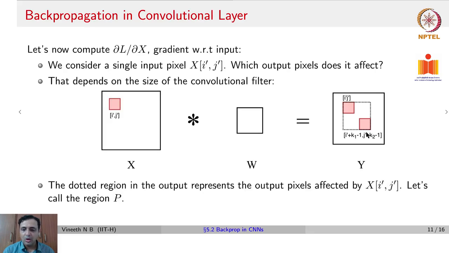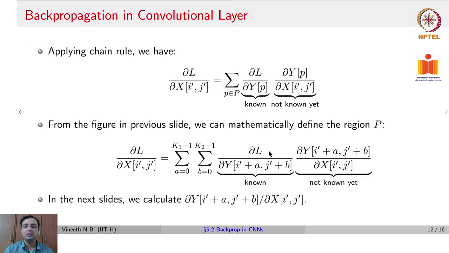If you see the previous slide, we are taking each pixel here and adding them all up, saying that we want the gradient of a particular pixel in this region P with respect to this pixel in X. That's what we are writing in this summation.